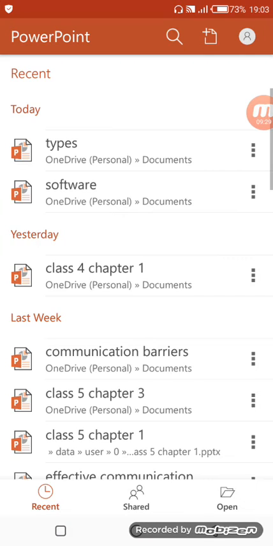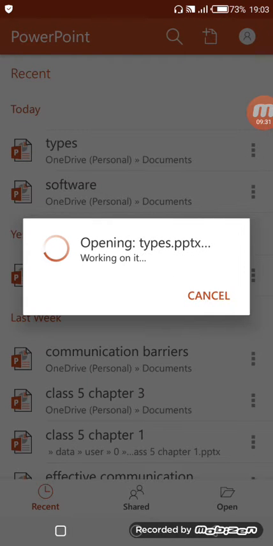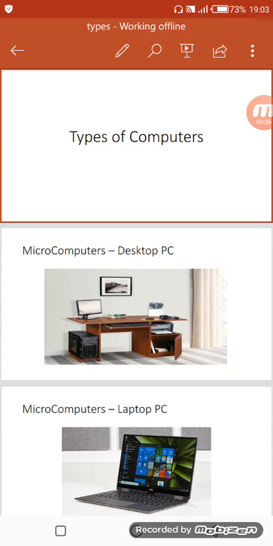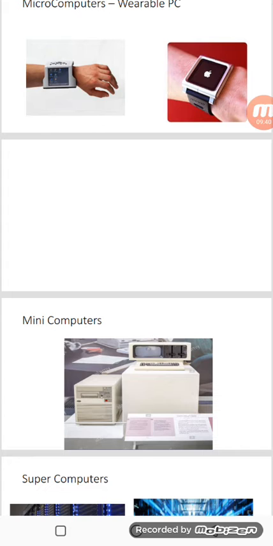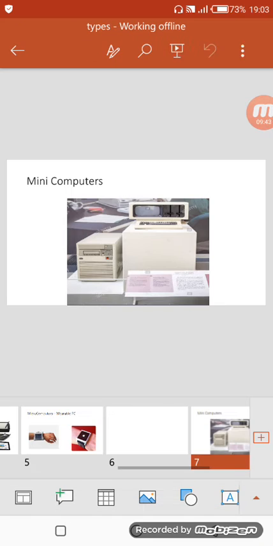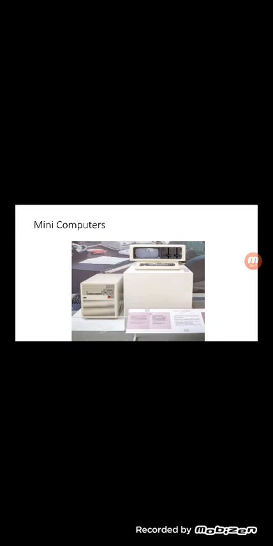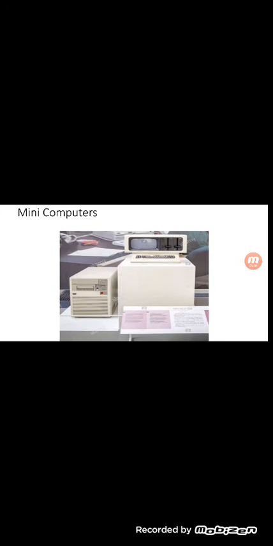Okay, now let's move to another one, mini computers. After mainframe we have to study mini computers. So this is a mini computer. You can easily see its screen is smaller in size, so that is why it is known as mini computer.